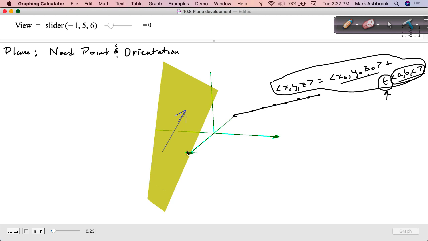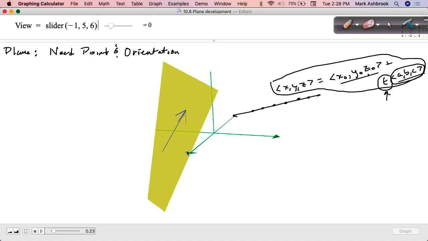Good. Here's my vector, okay? Like this. Once I set that vector, is this plane orthogonal to that vector? Yeah. Okay, so do I have any wiggle room? Can I change this and still have it be orthogonal?